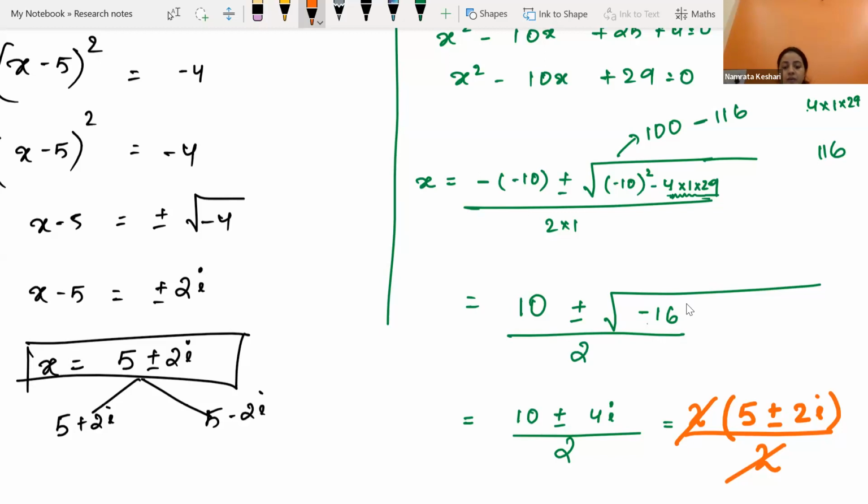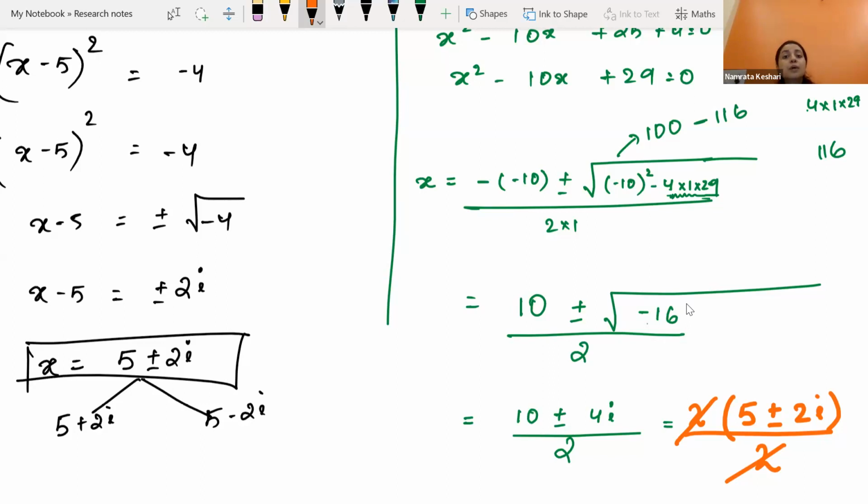Yes, ma'am. Okay, so now you must be thinking that in class 10 we used to solve quadratic equations and we have never encountered such a situation. Purposefully, you have seen only such questions in your book which can be solved and where the solution is a real number.